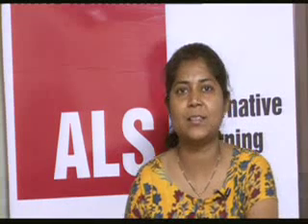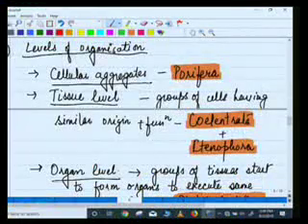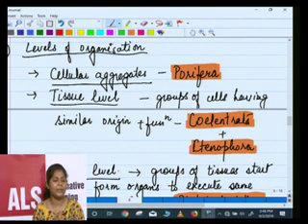So let's proceed. Before we talk about the next level of classification, I'll give you a brief idea of why all these things were done. The first and foremost thing, cellular organization, is that cells are aggregates. We started making our cells from unicellular to multicellular.